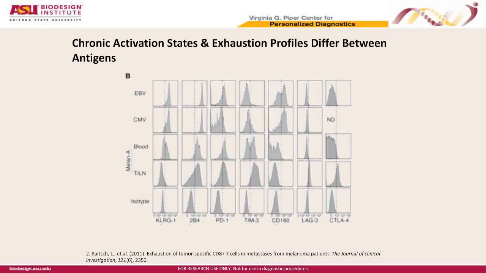In this study coming out from the Ludwig Institute in Lausanne, they have been looking at chronic activation states of antigen-specific T cell exhaustion, and in particular looking at tumor-specific T cell exhaustion in the peripheral blood versus tumor-infiltrating lymph nodes and tumor-infiltrating antigen-specific T cells, in particular for melanoma and melanA-specific T cells.